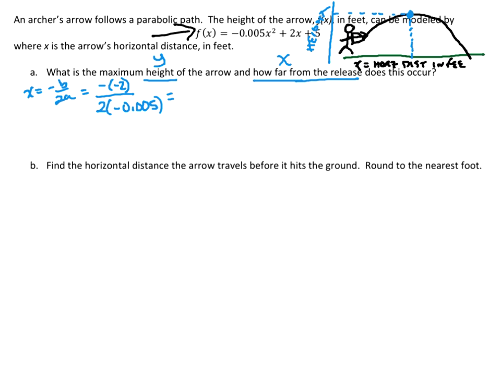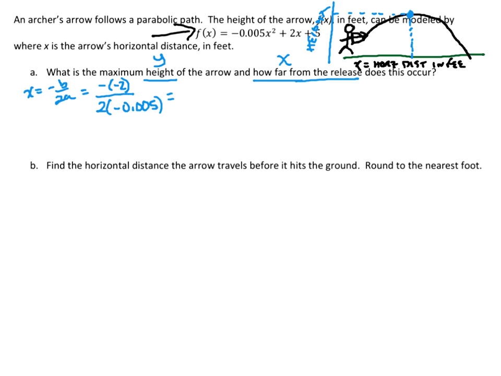So 2 divided by 2 times negative 0.005. And I get roughly, no, that didn't come out right.